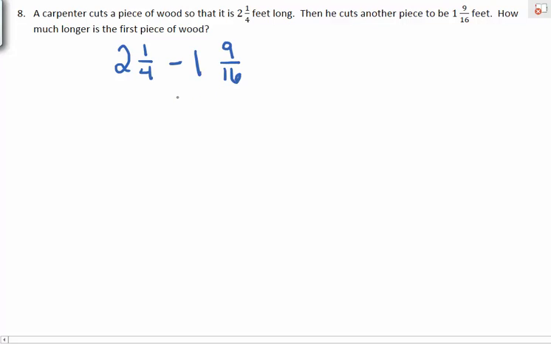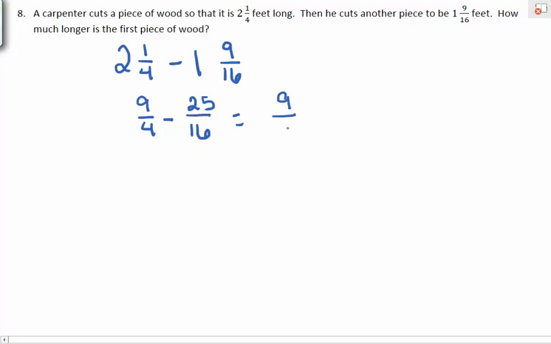Subtraction tends to be easier as fractions rather than mixed numbers, so we'll convert. 4 times 2 is 8, plus 1 is 9. Minus 16 times 1 is 16, plus 9 is 25. We do need to find a common denominator.